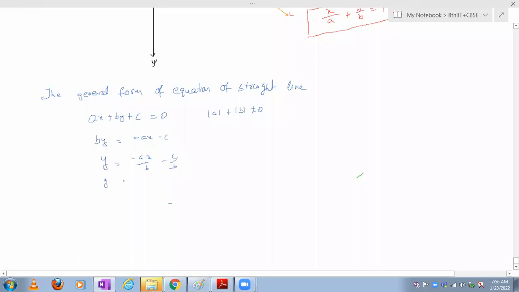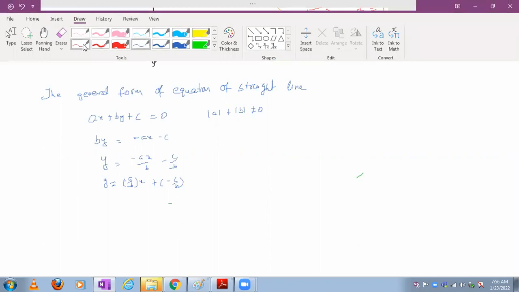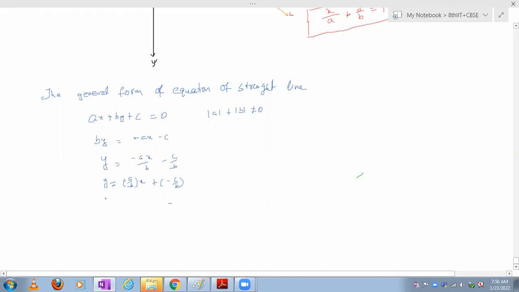That means y is equal to minus a by b, whole into x, plus minus c by b. So this is in the form of y is equal to mx plus c.